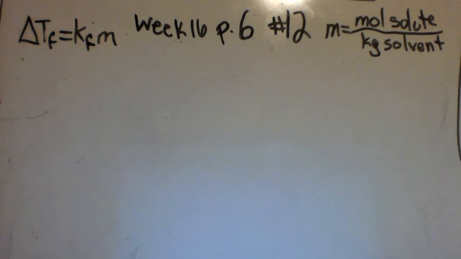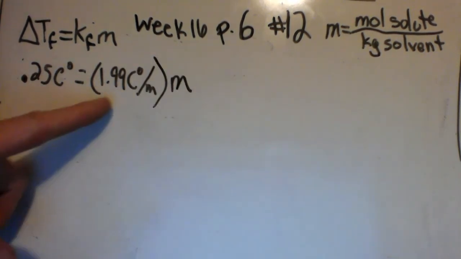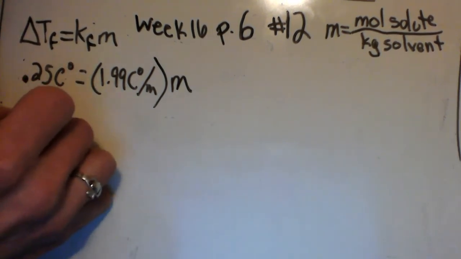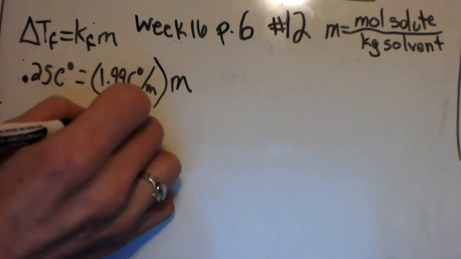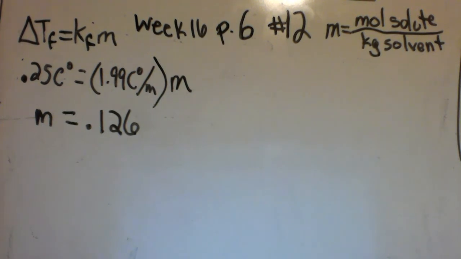We can solve for molality. If we divide both sides of the equation by 1.99, we find that the molality is 0.126.